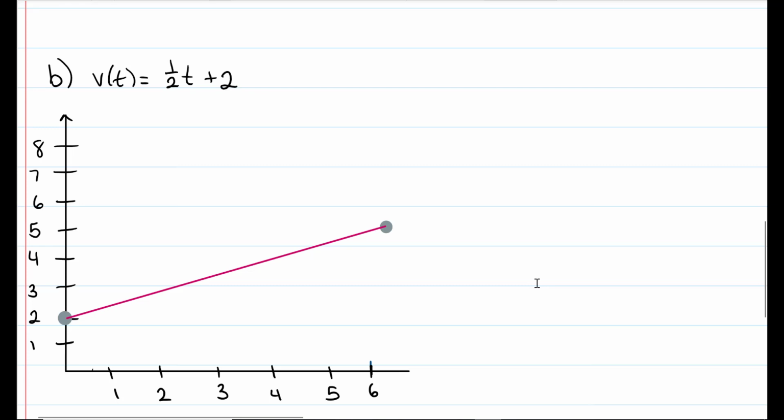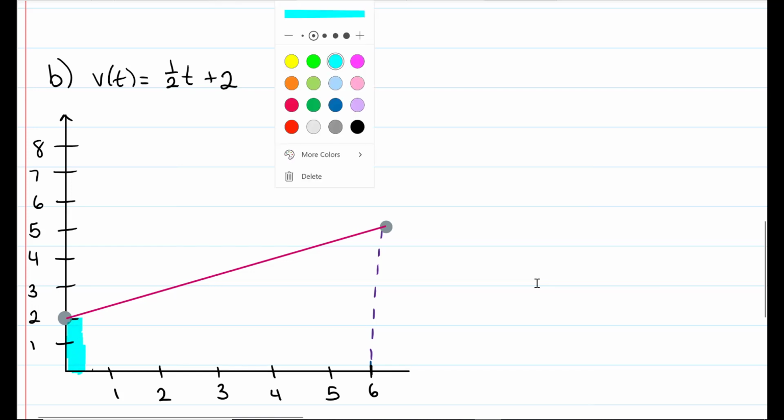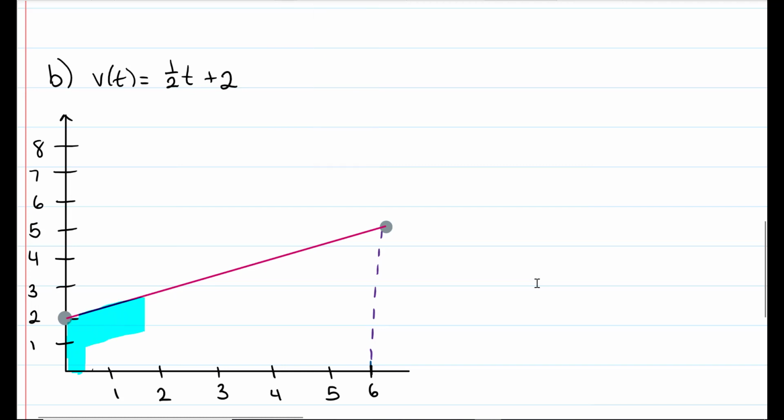And then I draw a line straight up from 6. My goal now is to find this area which is underneath the curve. So my goal is to find this highlighted area.